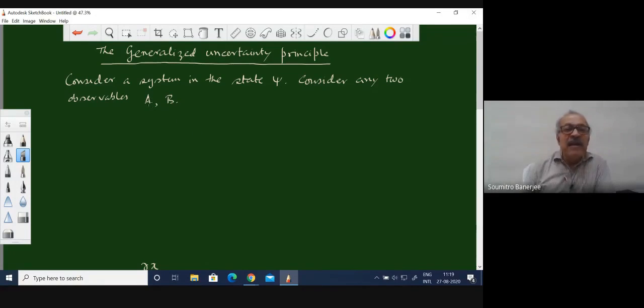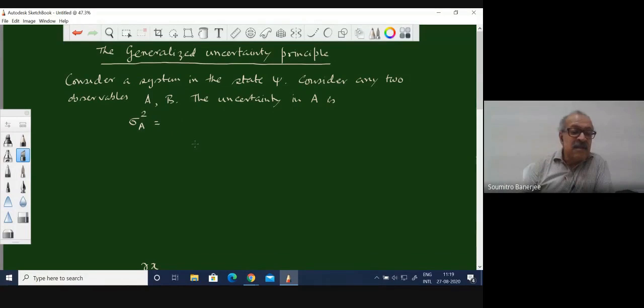The uncertainty in A, let us denote it by sigma A. It is nothing but the expectation value, or I will put it in the variance way, squared, then it will be easier to write.